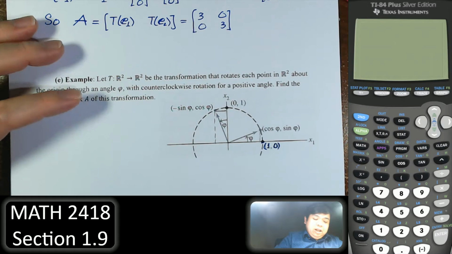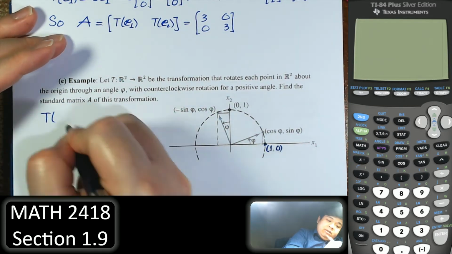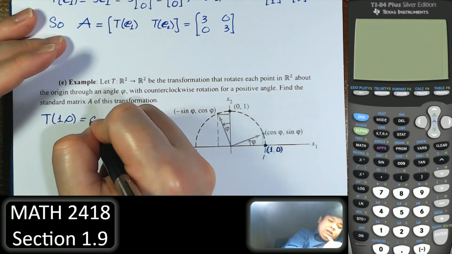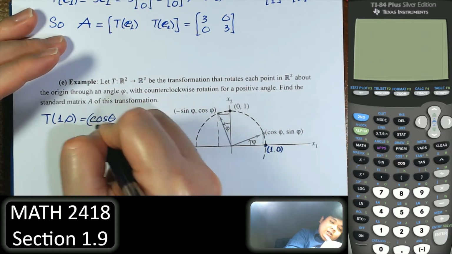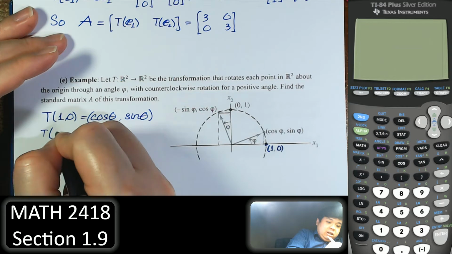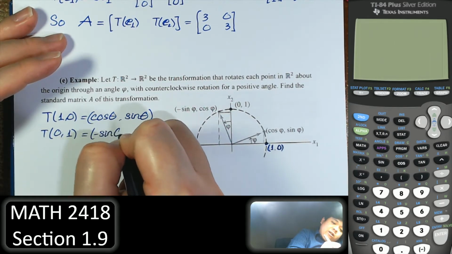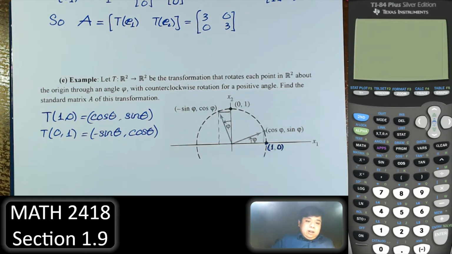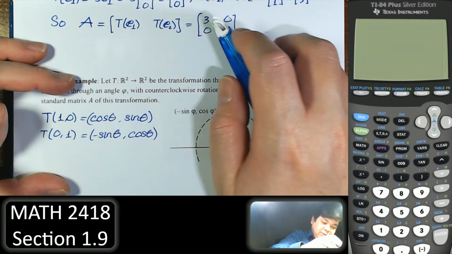So what we see here is the transformation of 1, 0 is going to be cosine and sine, and T of 0, 1 is negative sine and cosine. The angle is phi, right? I wrote theta. Sorry.